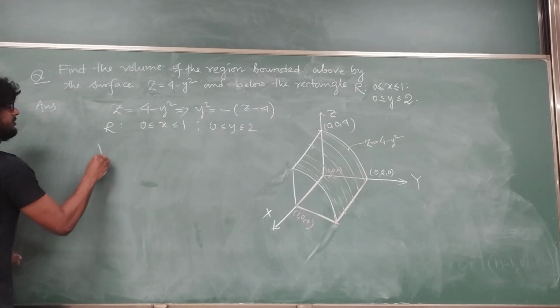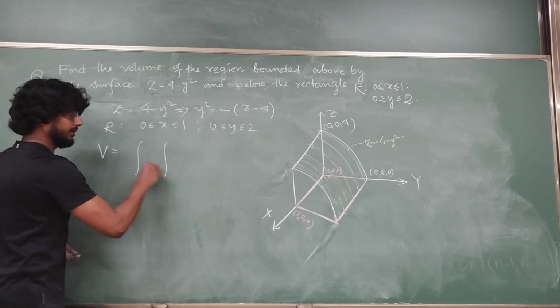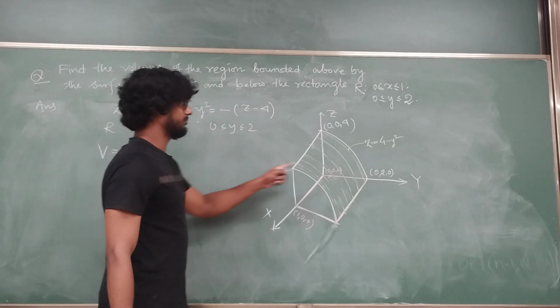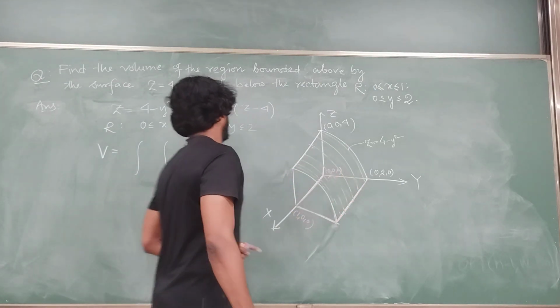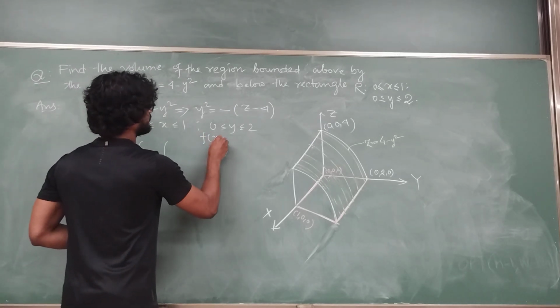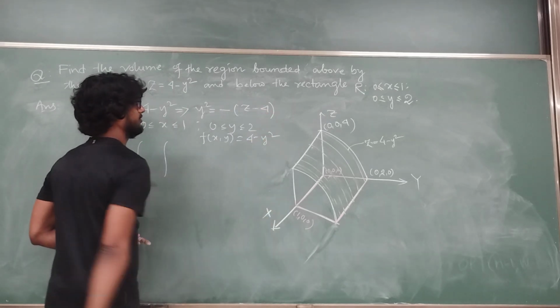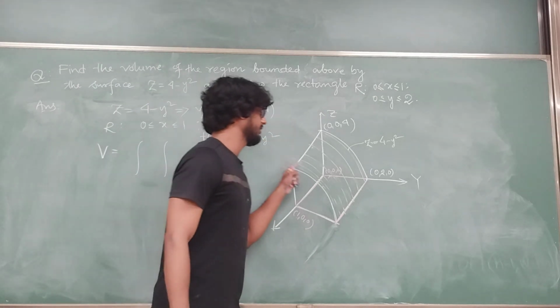Therefore the required volume will be the double integration of this surface. The function we are considering, f of x comma y, is 4 minus y square.